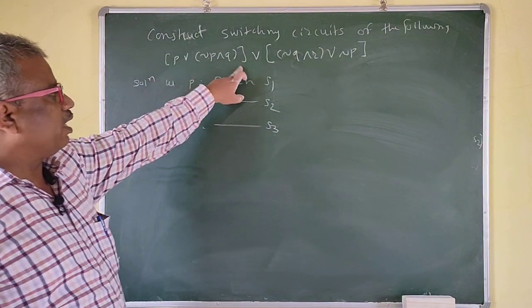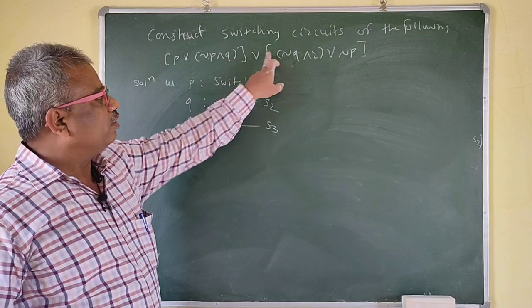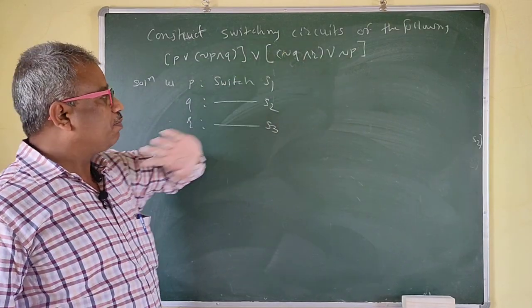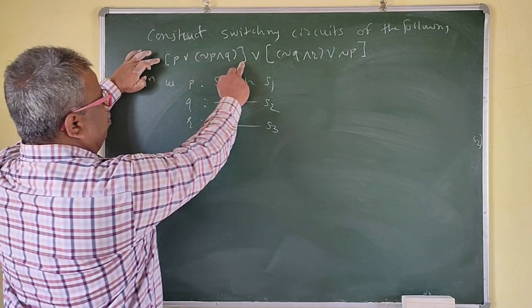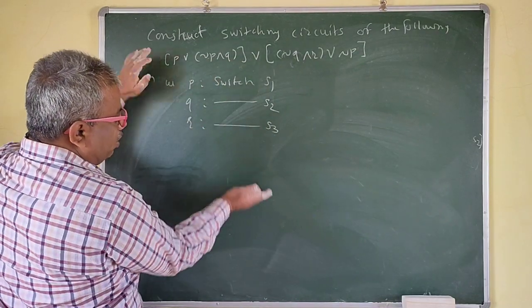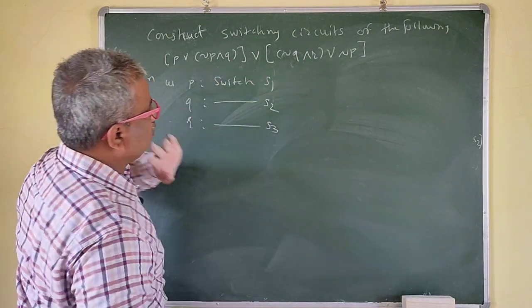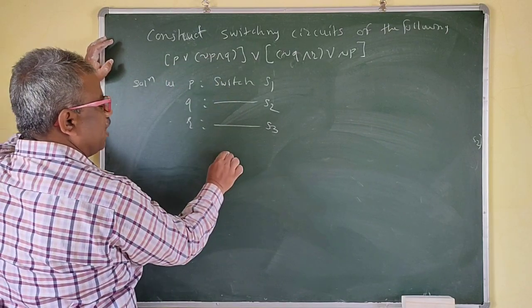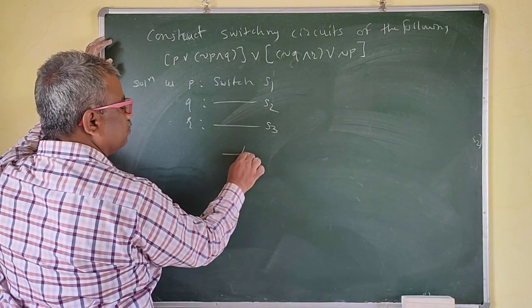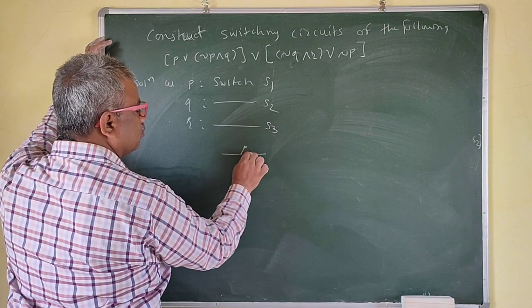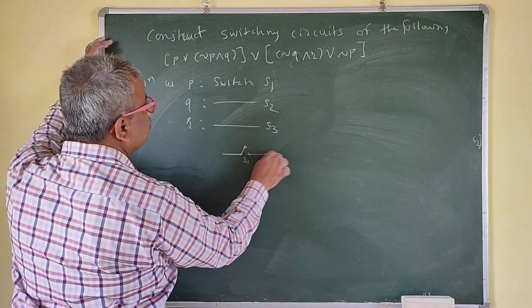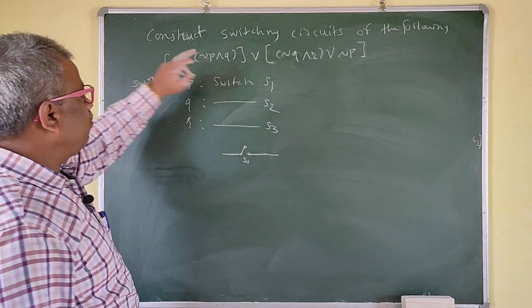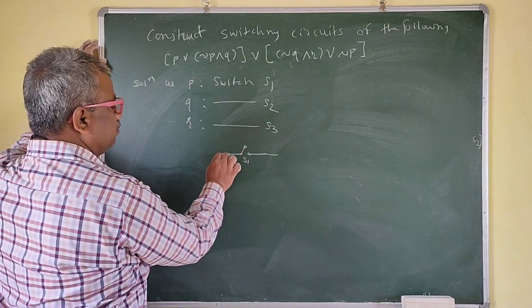First with this bracket. See, these two are parallel, and R is there. So we'll draw this one first, and then in the lower part we have to draw this one. In the upper part we'll write P or R. Again this is parallel. P means S1, and S1 is parallel with this one.